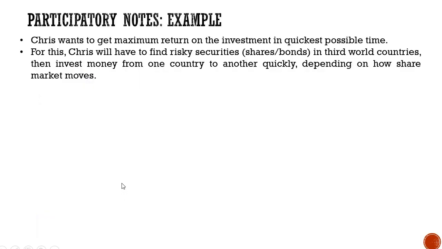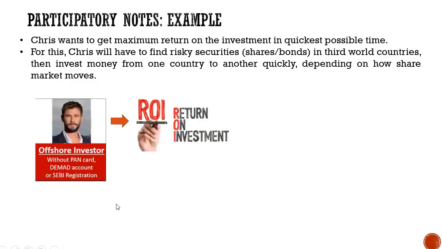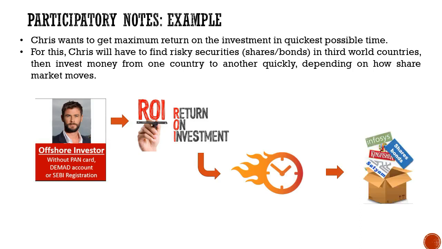Now let us take an example to understand participatory notes. Let's say Chris wants to get maximum return on the investment in the quickest possible time. For this, Chris will have to find risky securities. Now securities can be in the form of shares or bonds in third world countries, then invest the money from one country to another quickly depending on how the market moves.